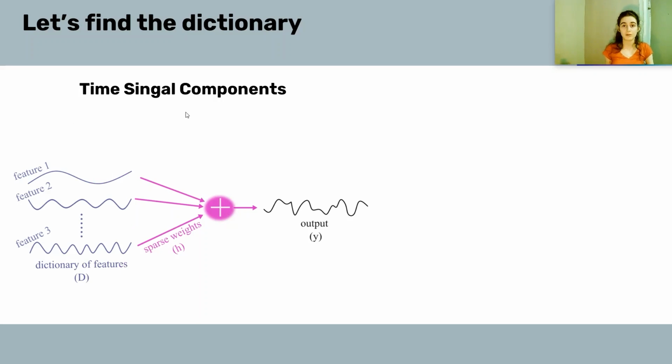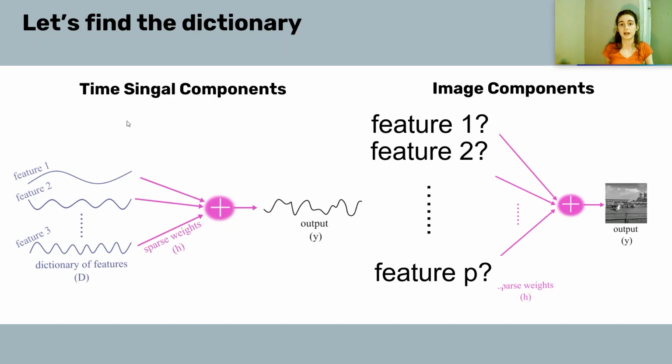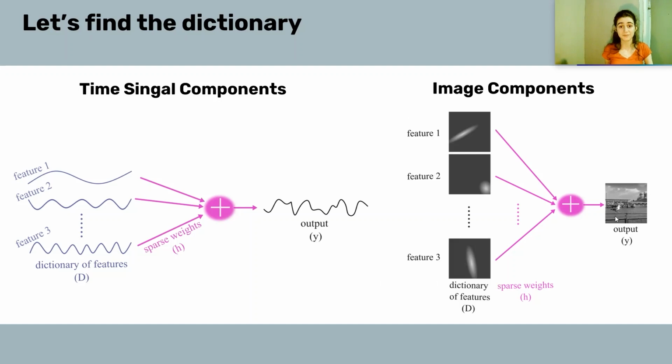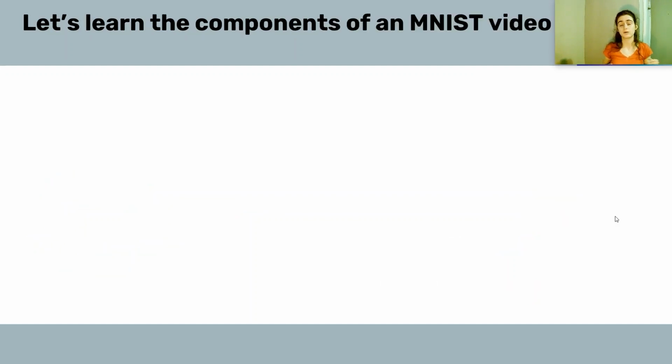It can be either, for instance, a time signal, or it can be an image. So it's possible that we have some image and we would like to identify the underlying components whose sparse representation can build the image. This is also assumed to happen in our visual cortex.